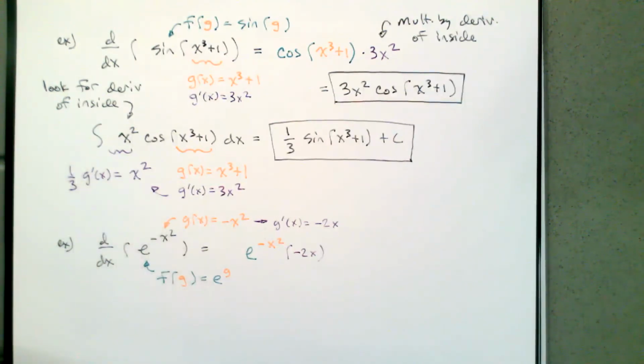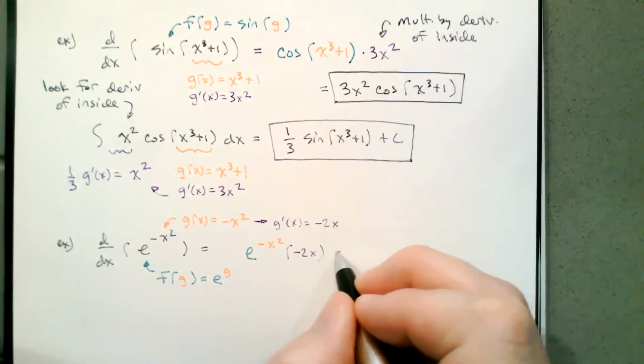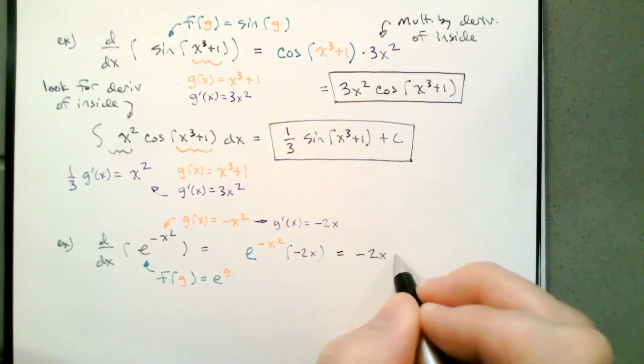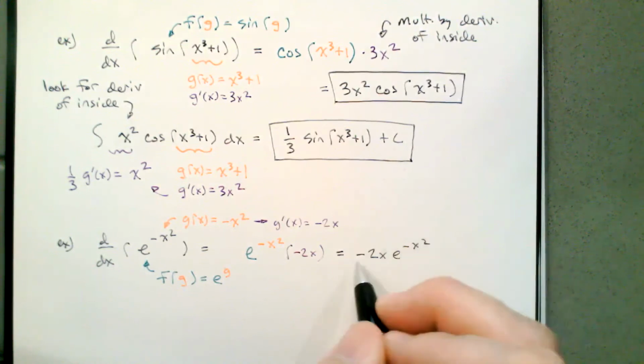We wouldn't want to write it this way. We had to use parentheses. If we forget to use the parentheses and we just put a dot, then the dot doesn't show up, and I think you're trying to tell me two terms. So let's just write this in a better order. Let's write minus 2x e to the minus x squared.